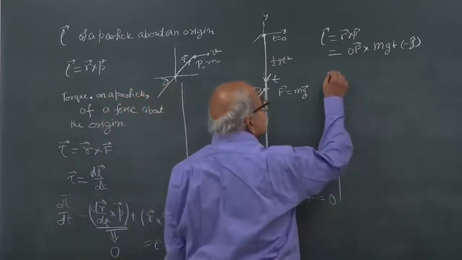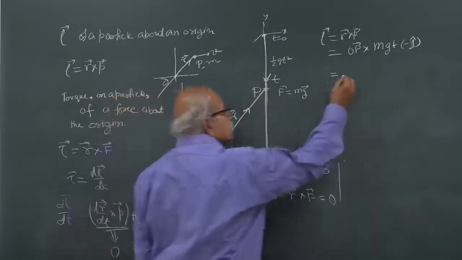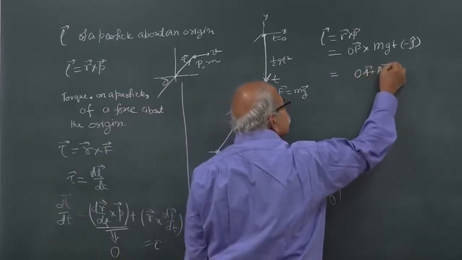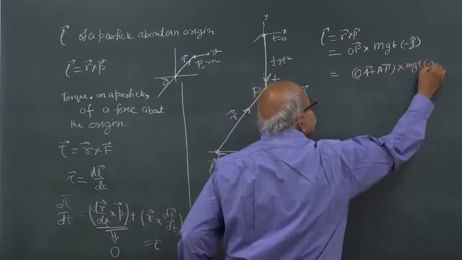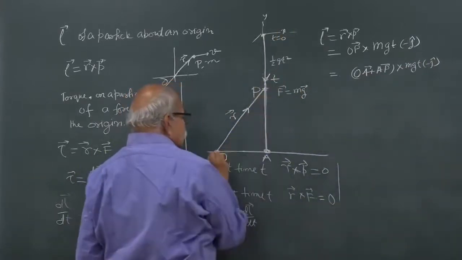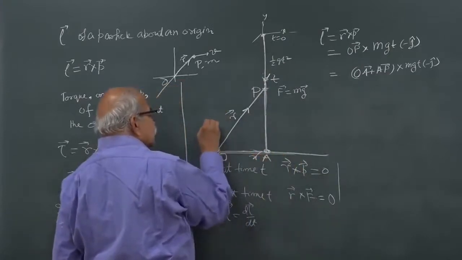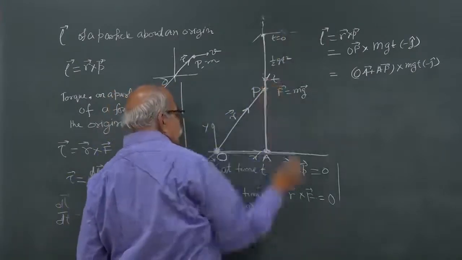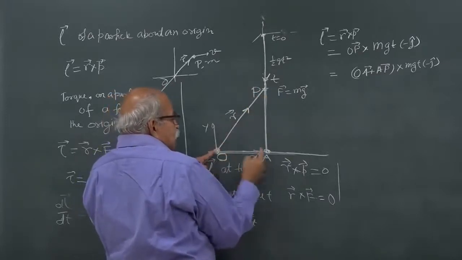And if I work it out, this OP vector is OA vector plus AP vector. So, it is OA vector plus AP vector, and cross m g t and then minus j cap. OA, this is the x direction. So, let us take the origin here, and this is our x direction, this is our y direction, and the z direction is here. So, this was earlier. All right. So, this is the origin, this is the OP vector, which I am writing as OA plus AP.